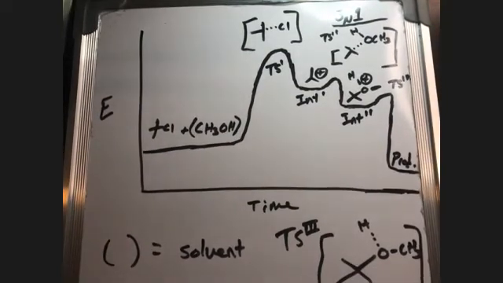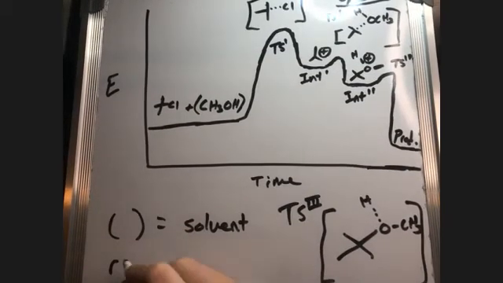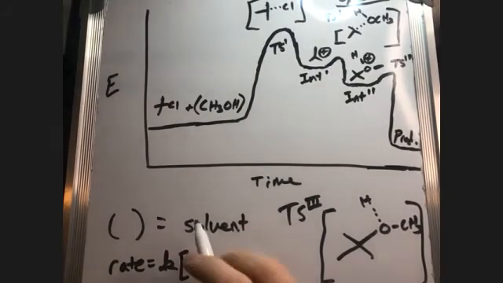So what we learn from this is that the rate, the kinetics, is the rate constant times just the concentration of the alkyl halide. Because once the alkyl halide cleaves, the solvent is just around.